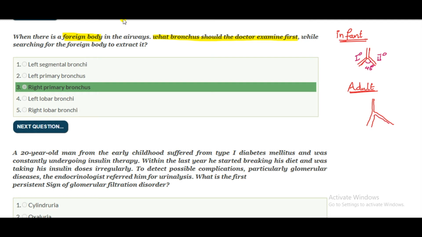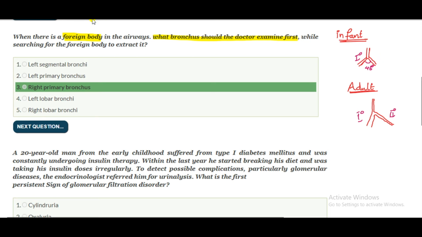So in an adult, what happens? From the trachea, we have the right and left primary bronchus.